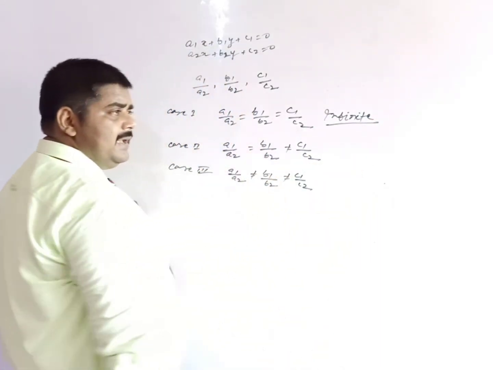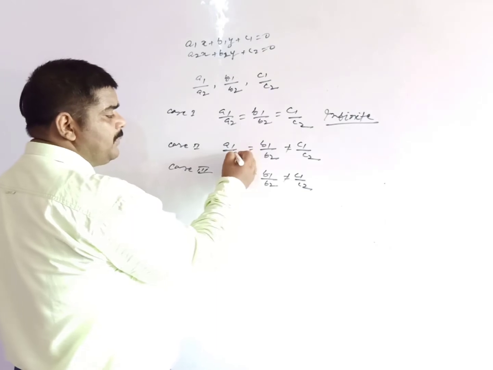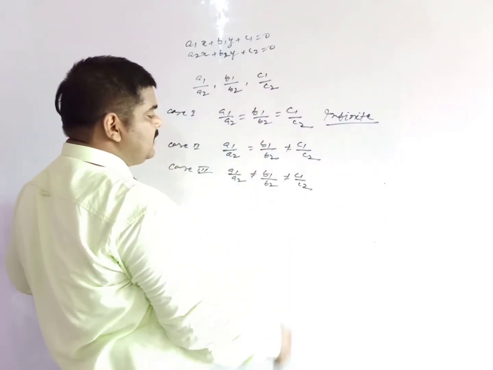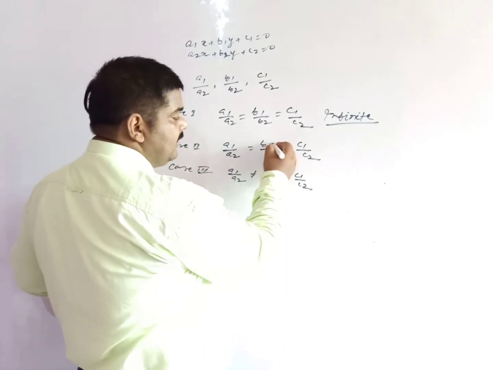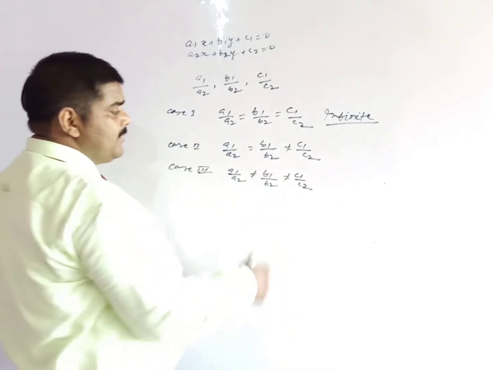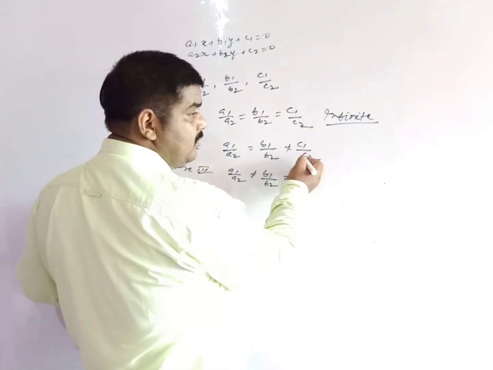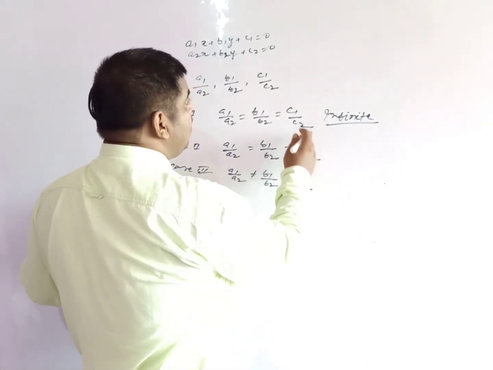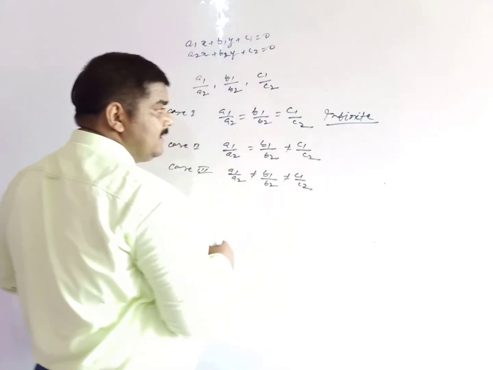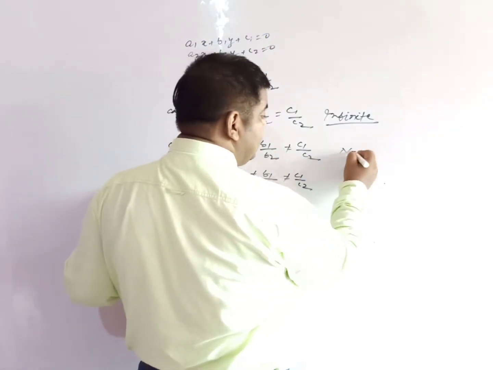In the second case, when the ratio of the coefficients of x of both the equations is equal to the ratio of the coefficients of y in both the equations but does not equal the ratio of the constants of both the equations, then it has no solution.